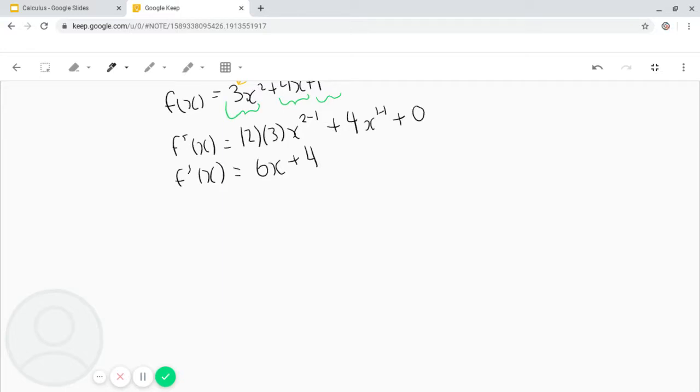Now we're going to look at the product rule. So for this, we're going to use just the formula that I discussed before.